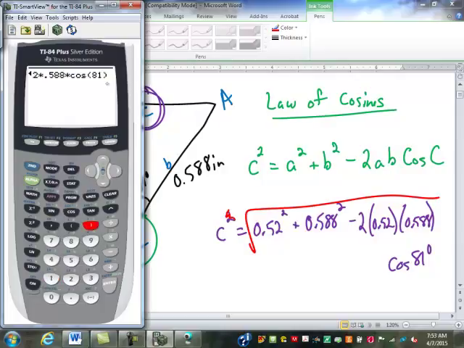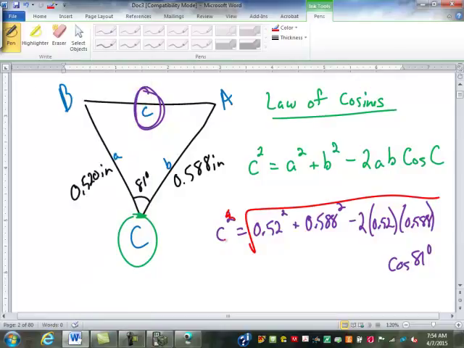Now, on some of your calculators, you may have to close the parentheses twice here. Close it once for the end of the cosine and close it a second time for the end of your square root. So make sure you're keeping track of that. I hit equals, I get 0.721. Side C up here is 0.721 inches.